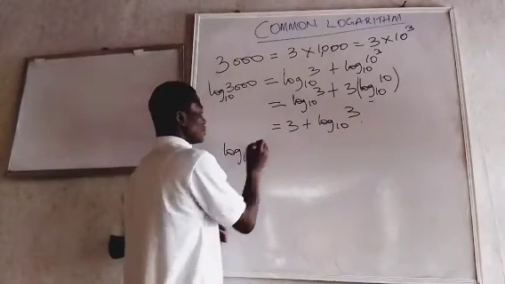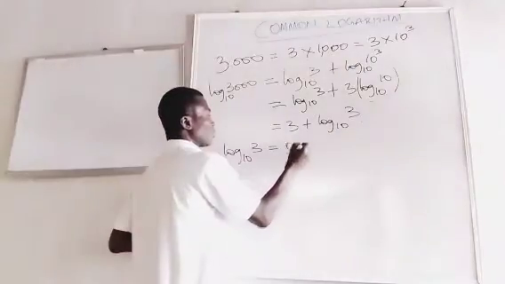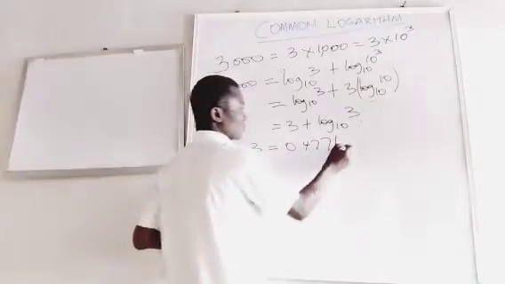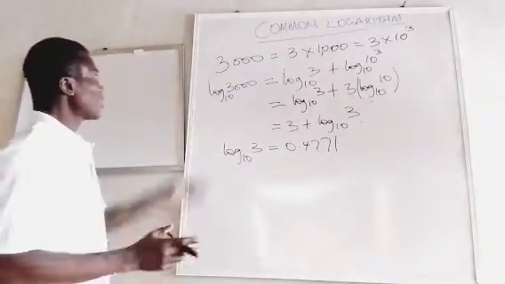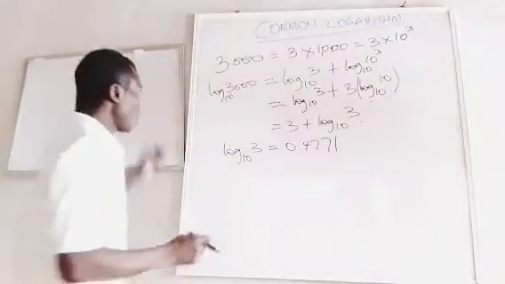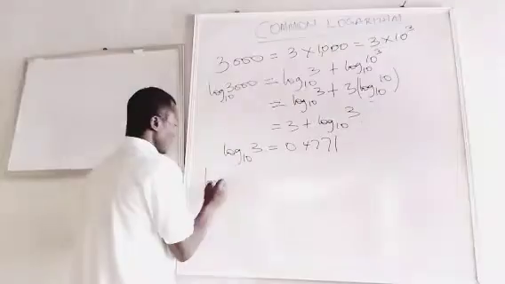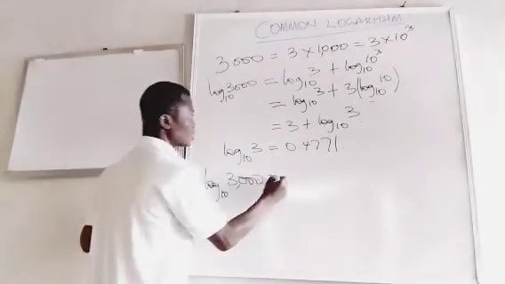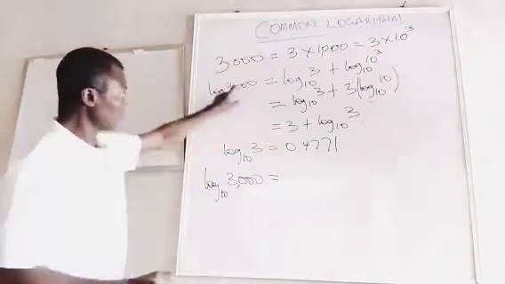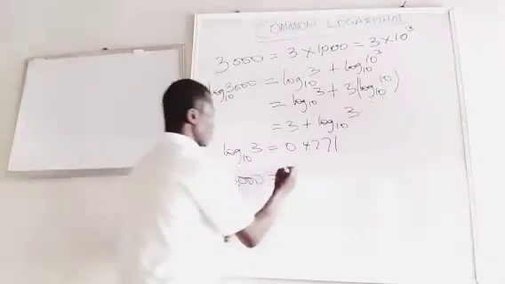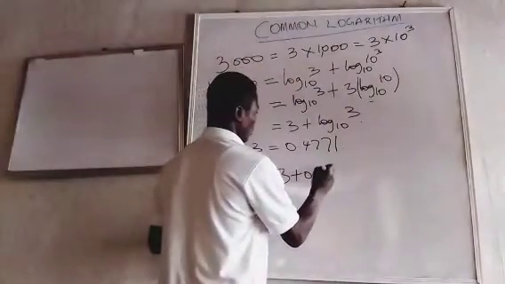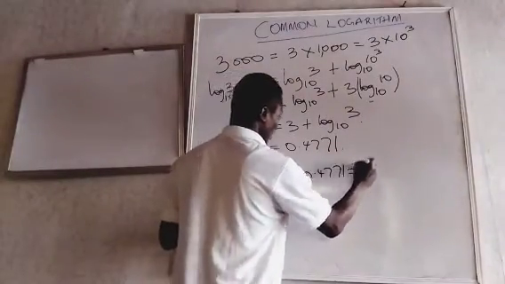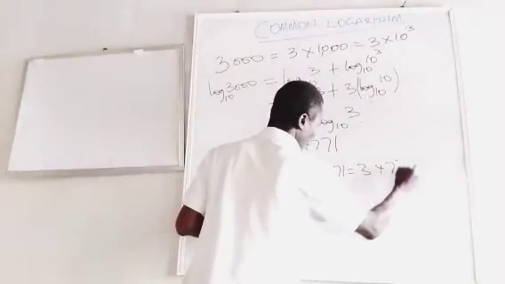Therefore, let's look at this. Log 3 to base 10 is equal to 0.4771. So, if I want to get the logarithm of 3,000 to the base of 10, it's going to be this 3, you see from here, plus 0.4771, which is 3.4771.